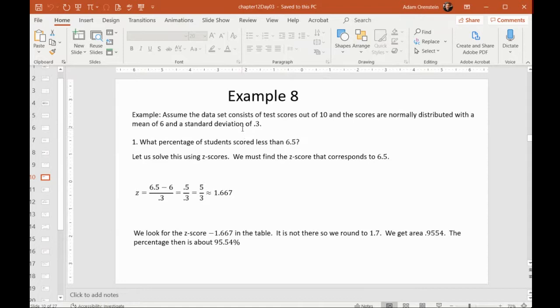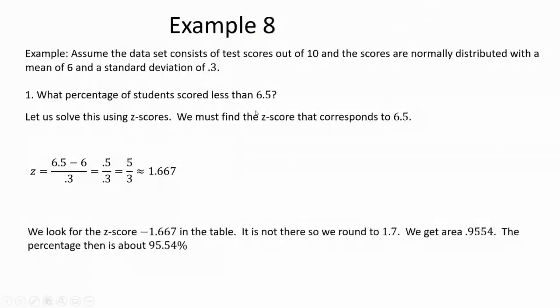Let's say the data set we're dealing with, this is example 8, are, again, test scores. They're out of 10. And as before, these test scores are normally distributed with a mean of 6 and a standard deviation of 0.3.